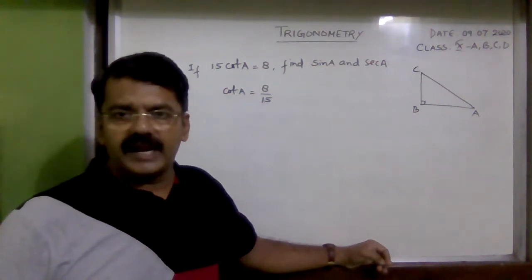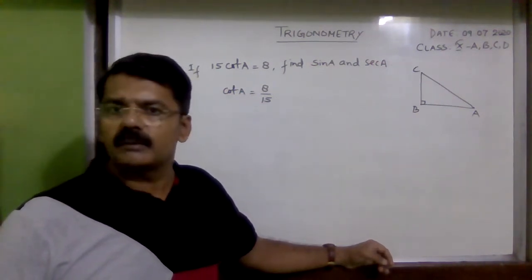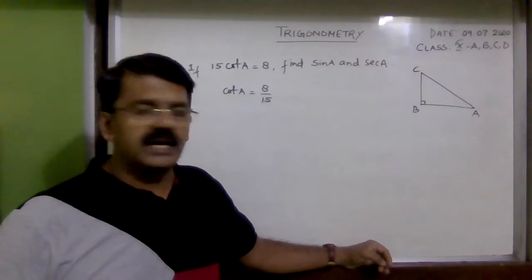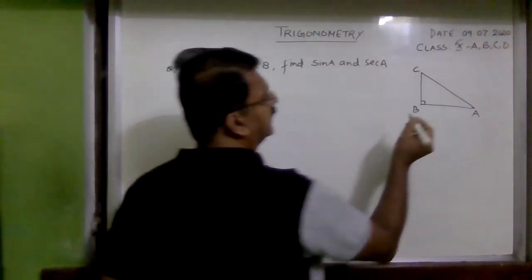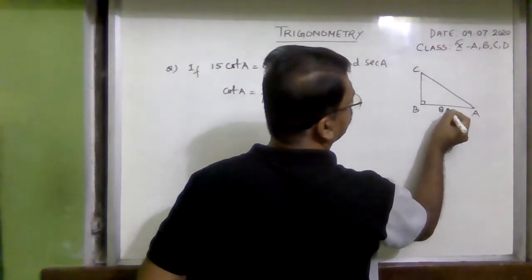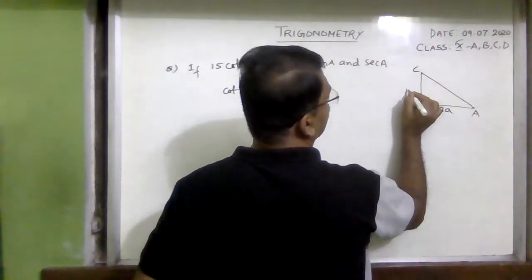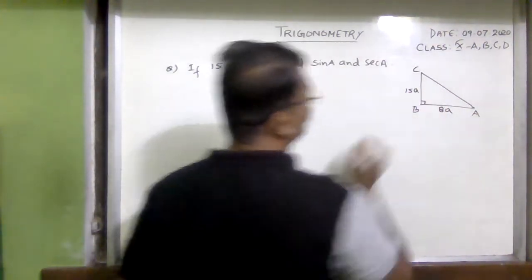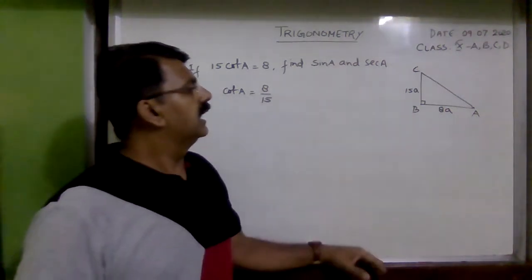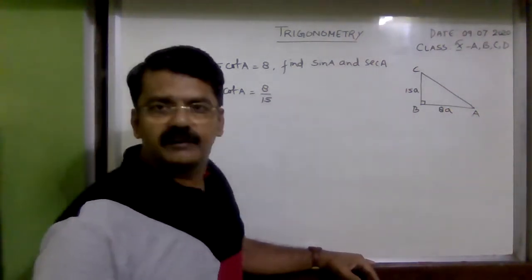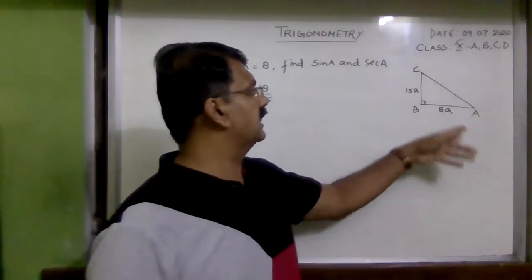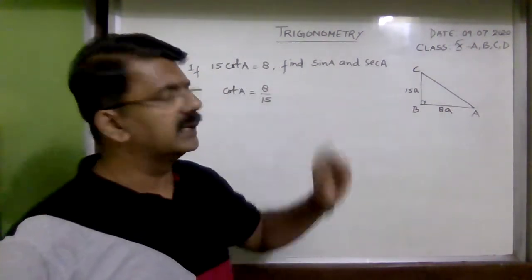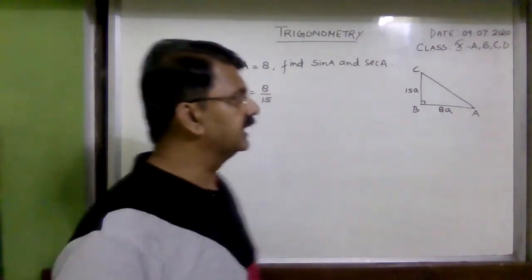You know, tan theta is perpendicular upon base and cot is reciprocal of tan, so it is base upon perpendicular. That means we can take this as 8A and this as 15A. Then only cot A will be 8 by 15. Now using Pythagoras theorem in triangle ABC, we'll find the third side, that is AC.